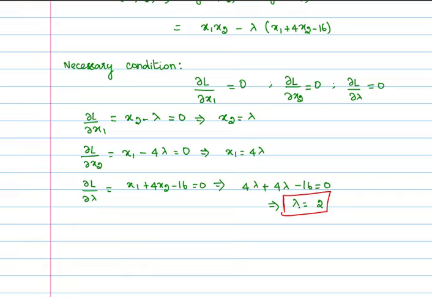So lambda equal to 2 means x2 equal to lambda, so x2 value is also 2. And x1 is 4 times lambda, so x1 equal to 8.